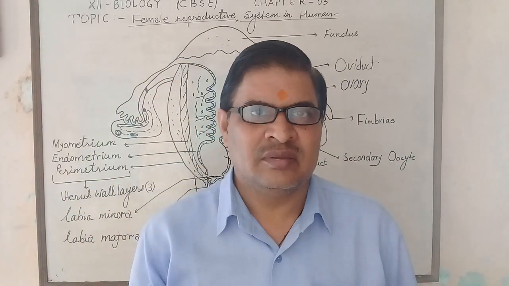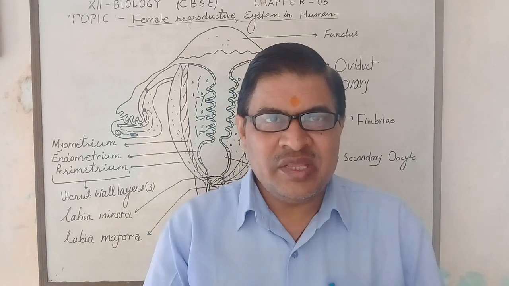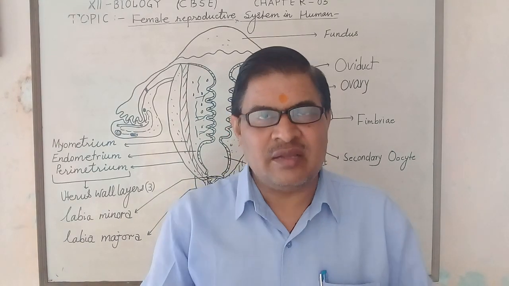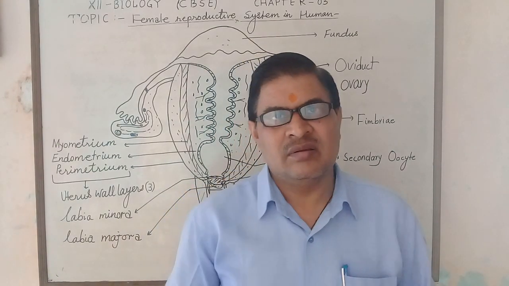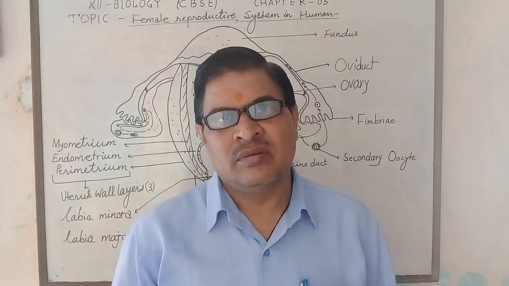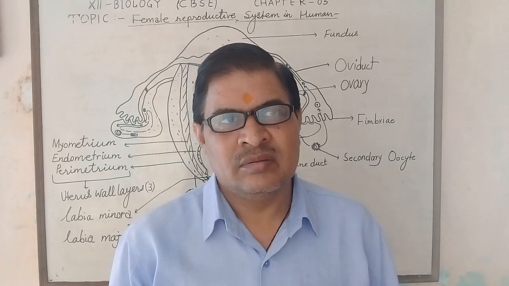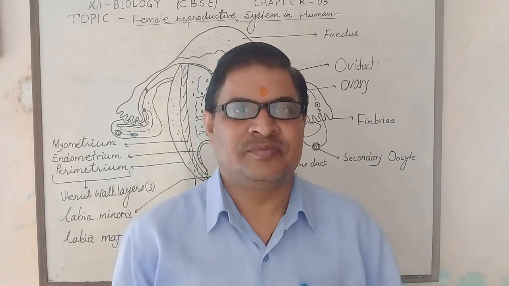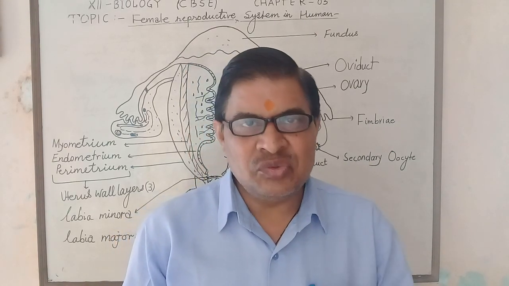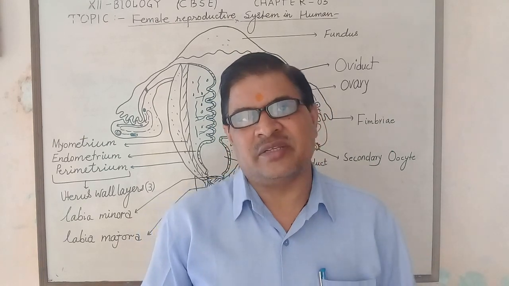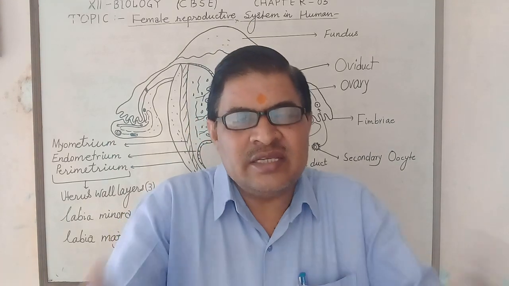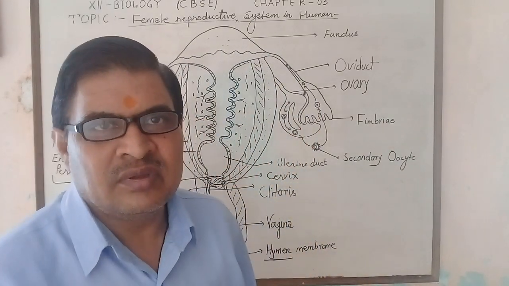So in biology, if the hymen breaks, it is not considered a loss of virginity, because the hymen breaks due to horse riding, bicycle riding, high jump, long jump, and similar practices.